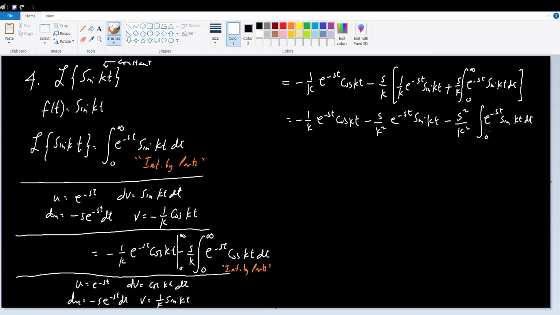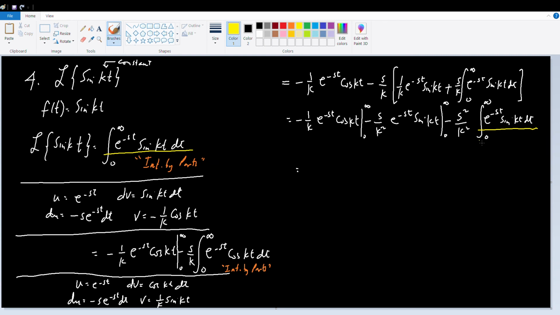Alright? From 0 to infinity. Now these two will also be evaluated from 0 to infinity. But you see that there is a recurrence of the integral e to the negative st sine kt dt. That is this one.